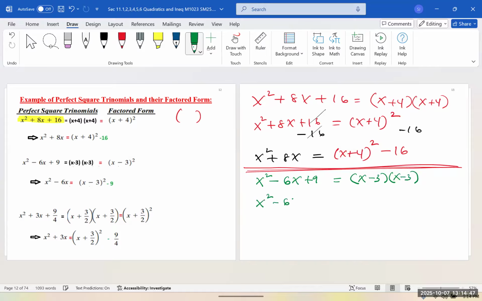So x squared minus 6x plus 9 is x minus 3 squared. So you subtract 9 from both sides, and what do you observe? x squared minus 6x is x minus 3 squared minus 9.